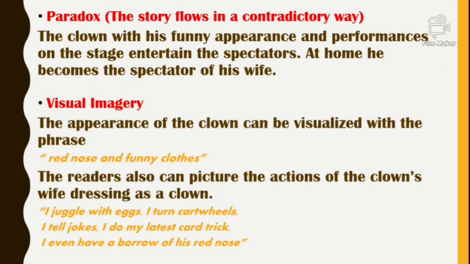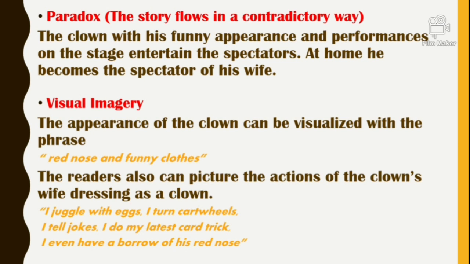Next, paradox. The story flows in a contradictory way. The clown, with his funny appearance and performances on the stage, entertains the spectators. At home, he becomes the spectator of his wife.